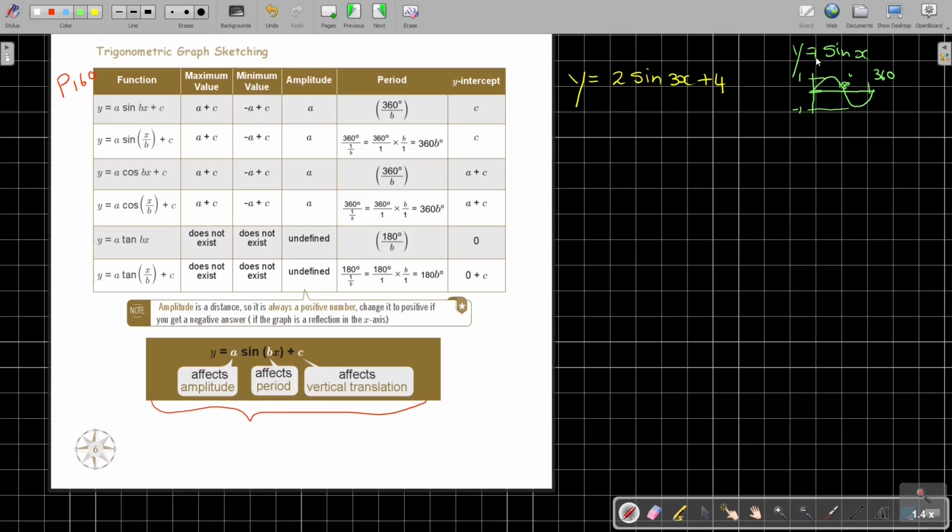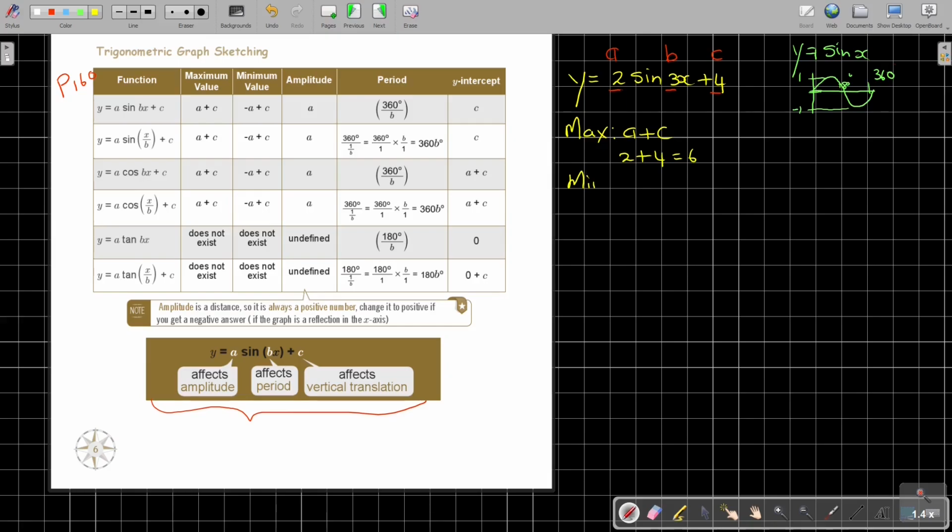Now, let's look at this table, how it can help me to create a graph like this. If I want to find the maximum value, remember, this is A, this is B, and this is C. The maximum value is A plus C, so 2 plus 4, and that's going to be 6.